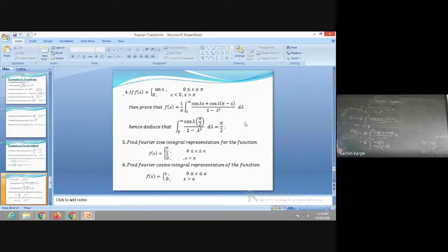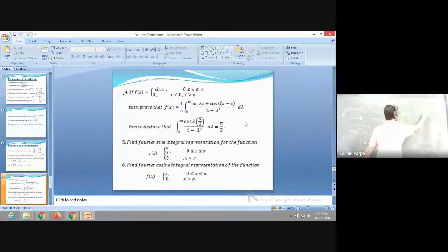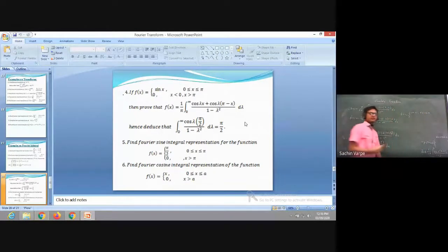and that is equal to f of pi by 2. But what is f of pi by 2? If you look at the function, f(x) is sine of x in 0 to pi, isn't it? And it is 0 otherwise.